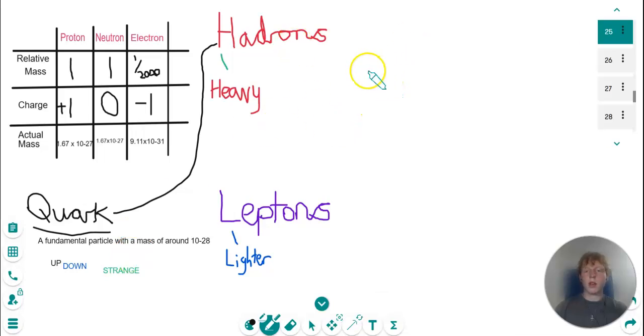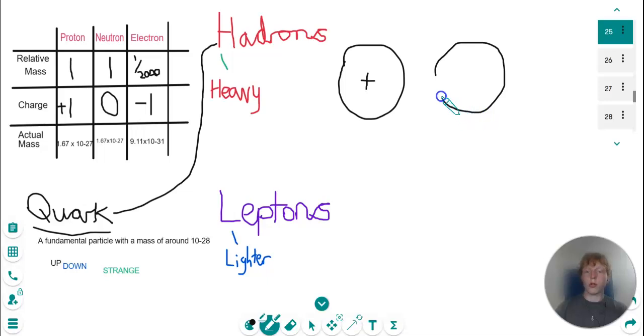Now, let's imagine we have a proton, which I'll do with a plus, and a neutron, which we'll give no charge. We'll just keep it as an empty circle for now. A quark is a smaller particle, like we said, with a mass of around 10 to the minus 28. And these protons and neutrons both have 3 quarks inside them.